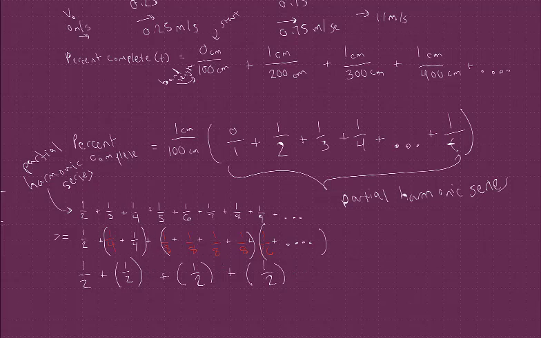Okay, so if this increases to infinity and beyond, well, the term above it, our partial harmonic series, again, we can group these. Well, this is certainly less than the series beneath it. So you can see that the partial harmonic series is going to be bigger than the one below it.